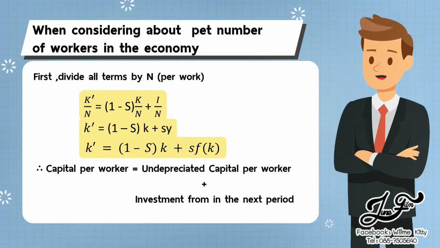Since I is the saving rate times output, finally we get k prime equals (1 minus delta) times k plus s times f(k), since y equals f(k).